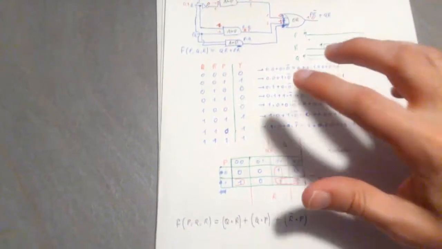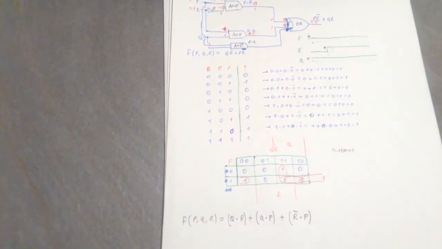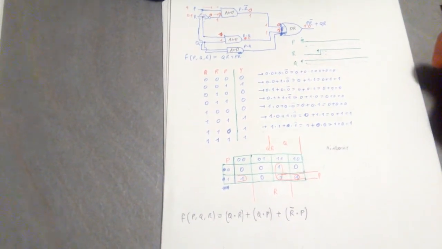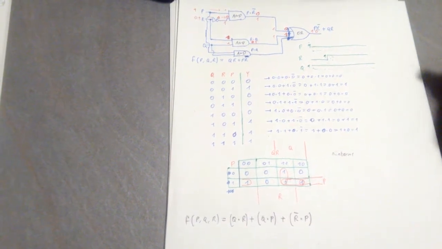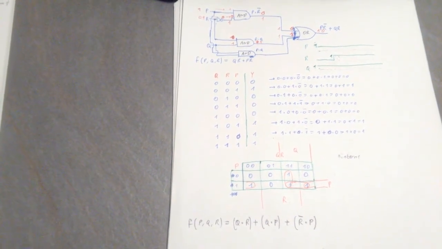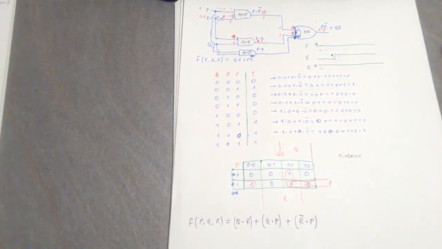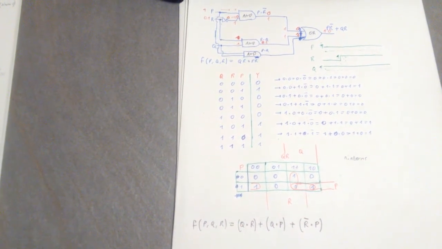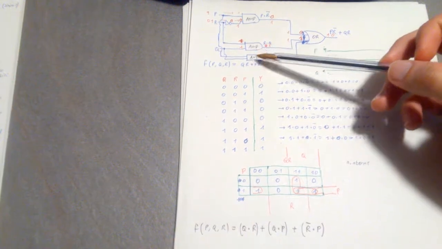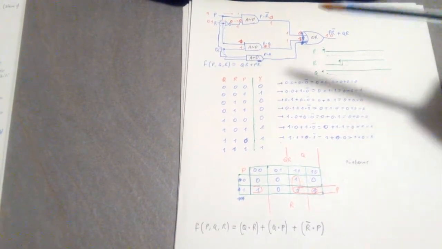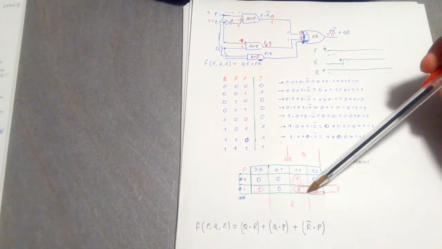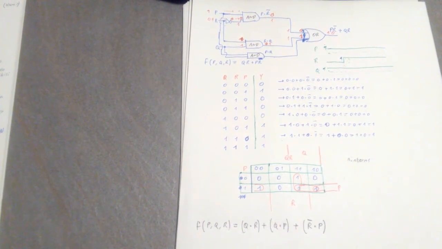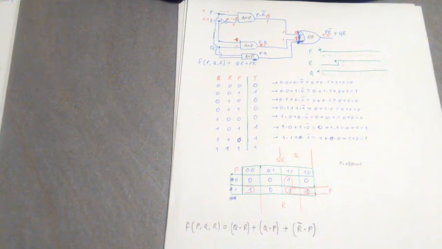But you get the idea, you get the whole point here, that because of the delay, there can be unexpected moments in which the circuit is going to do something unexpected. So you may want to add more circuitry, so more logic gates, and check for them using the Karnaugh maps. So yeah, this is pretty much it for this episode.